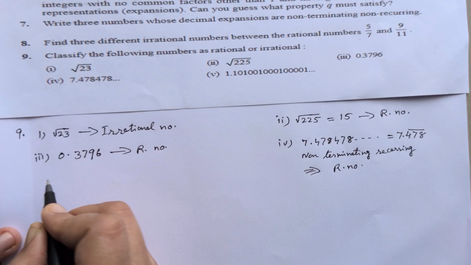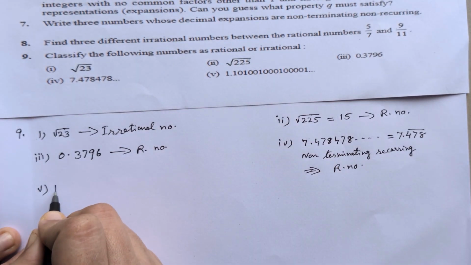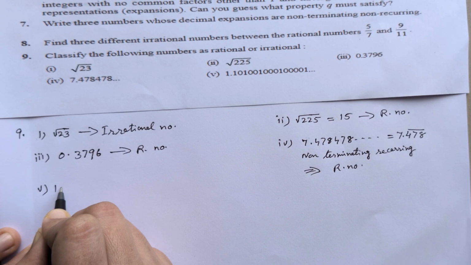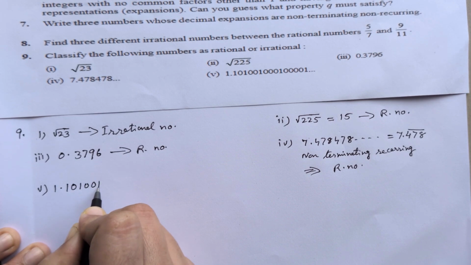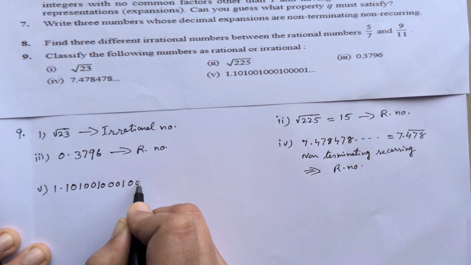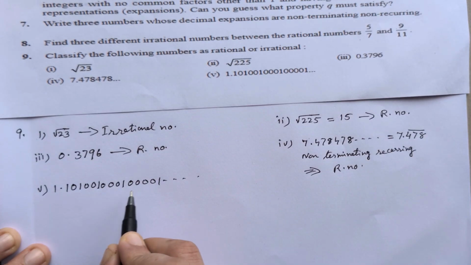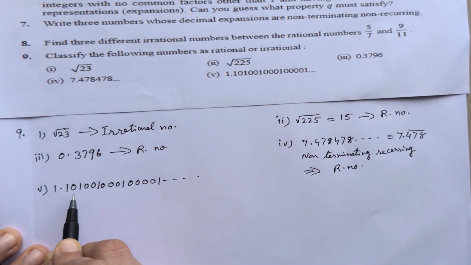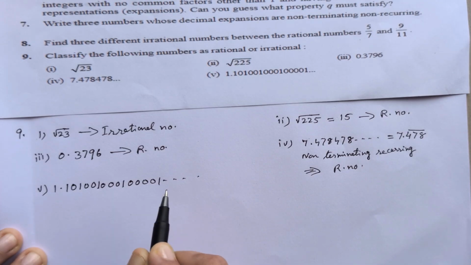Now the last one, the fifth one, 1.101001, then 3 zeros, after that 4 zeros, 1, etc. Now you can see it is not repeating any particular group of digits. It's continuing the same way.